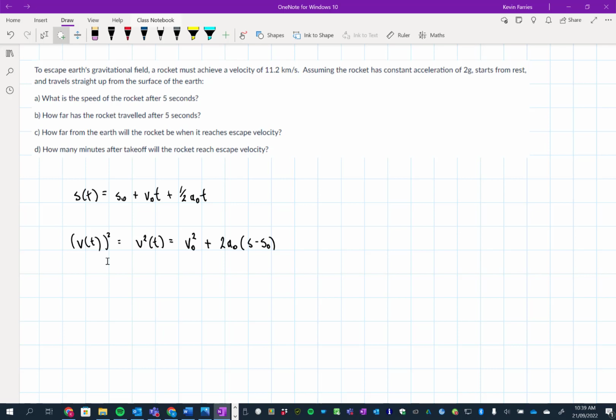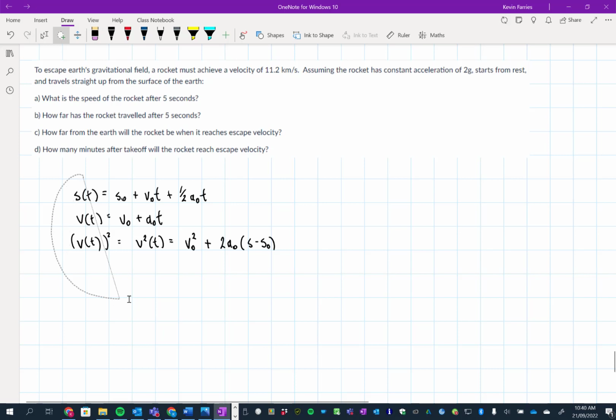But the other one that we need to know is the velocity at time t is equal to the initial velocity, the velocity at time 0, plus a naught times t, where this is acceleration.